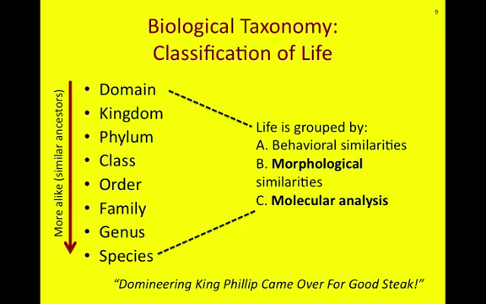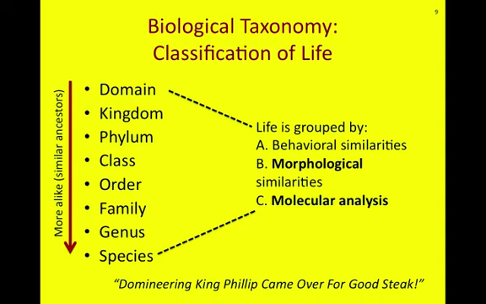And after the three domains, which contain all of life, we go down a little smaller to the level of kingdom, and then to the level of phylum, class, order, family, genus, species. And in fact, as we go down this list of categories, notice that the organisms are becoming more and more alike. Similar ancestors is the main component of ordering these organisms into these different groups.